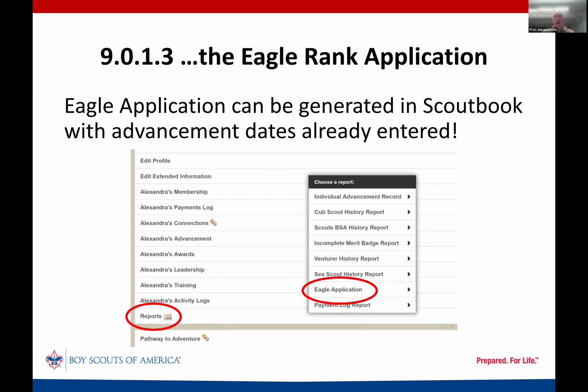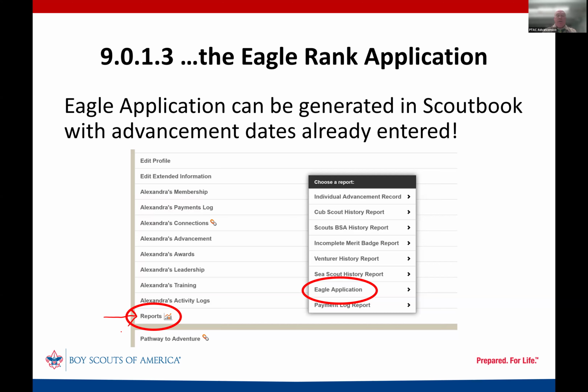If we look at how we could do this inside of Scoutbook, now, of course, Scoutbook has been modified and changing a lot recently. And this form, when I checked, was still the approach that we could use. Whether it's going to be the same tomorrow or not, I can't guarantee. They're working on different stuff with this. But if we go through the scout's profile and look at the different scout inside of advancement, there's a report section for that scout.